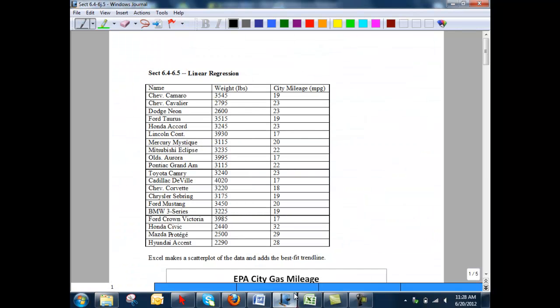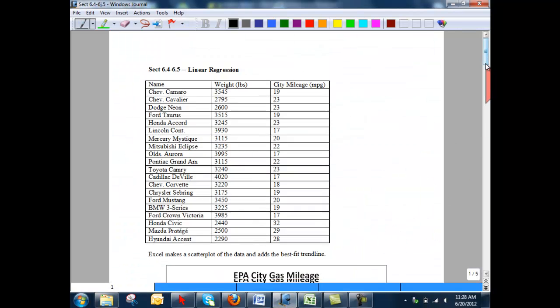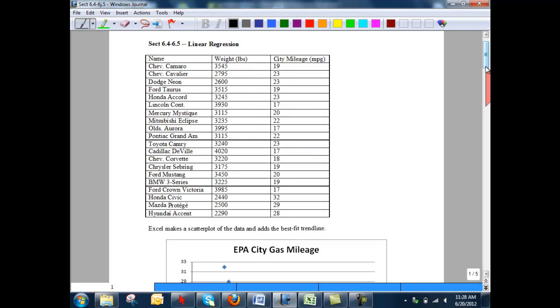Now let's go to the worksheet for this section. Here's the data again. At the bottom is an illustration of the scatter plot that we got from Excel.